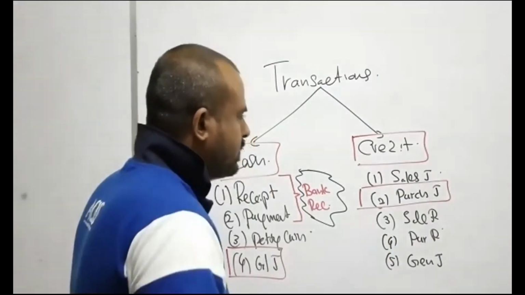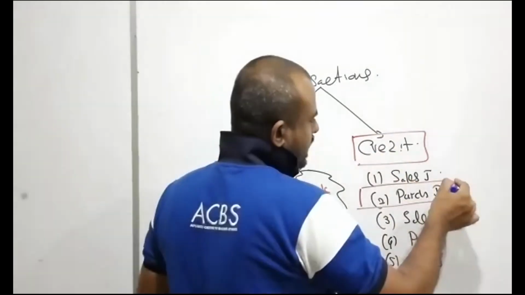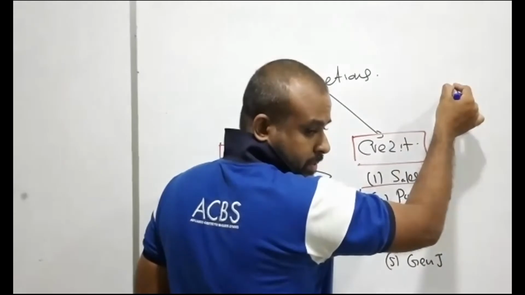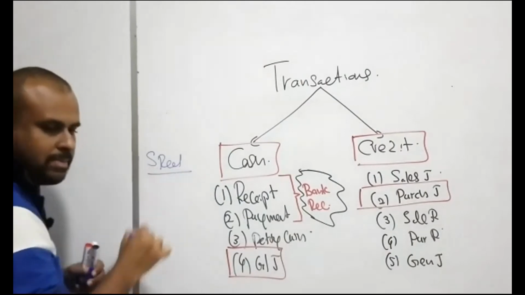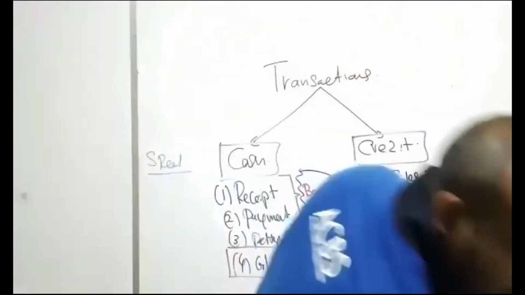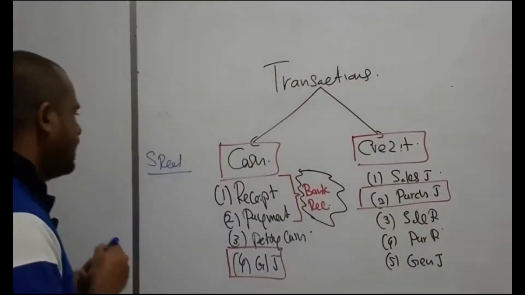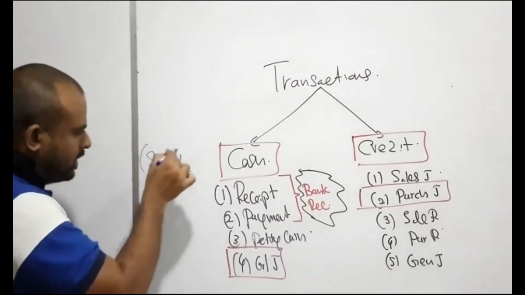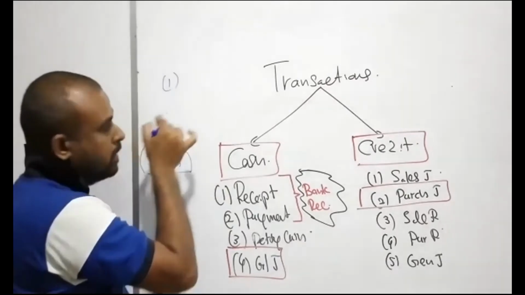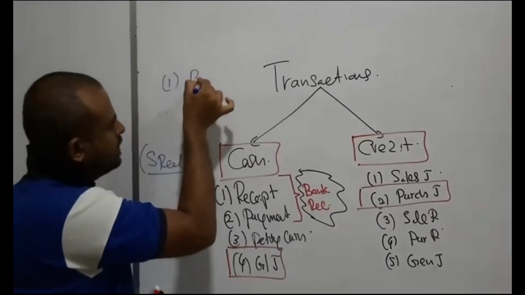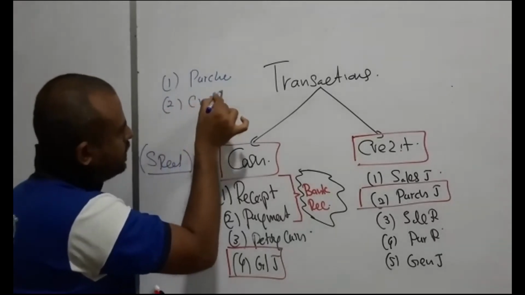Right, so how do we define the purchases journal? Purchases journal is a special journal. Why do we call it a special journal? Because there you record only one type of transaction. Purchases journal is a special journal in which you record, is it total purchases or credit purchases?